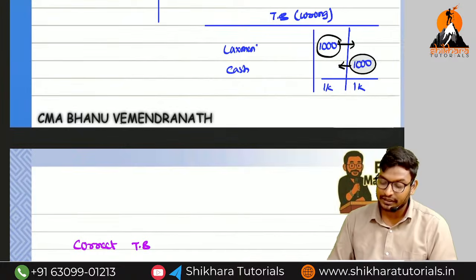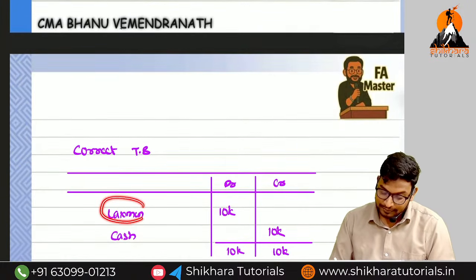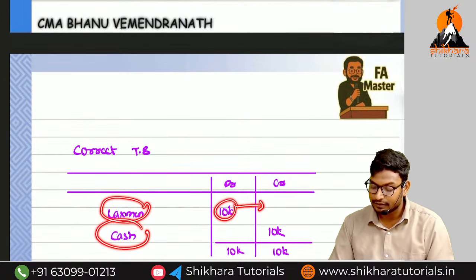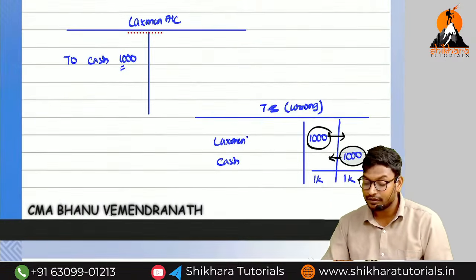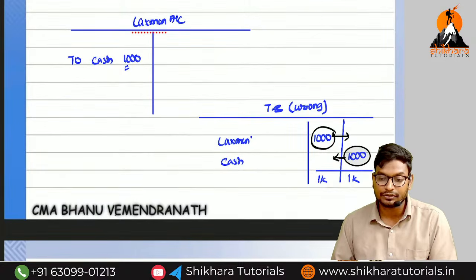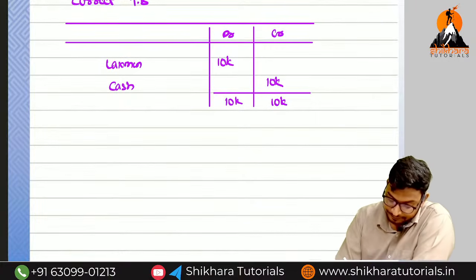Opposite side means we have to reduce. So now net off. So Lakshman should be on which side? Debit side. And cash should be on which side? Credit side. But we need to reduce how much? We need to reduce this 1,000. Why do we need to reduce? Because they are going to the opposite sides. For that reason we need to reduce how much? 1,000 and 1,000. What is the rectification entry, guys?